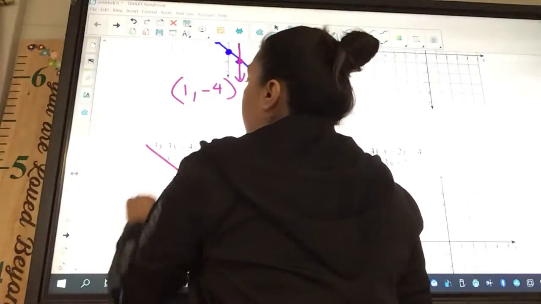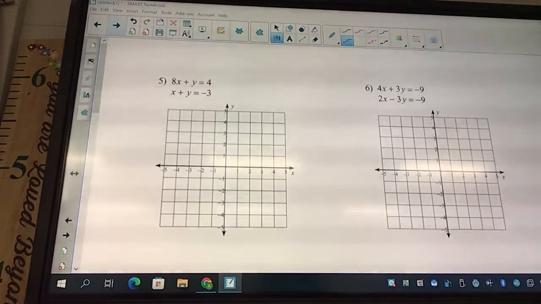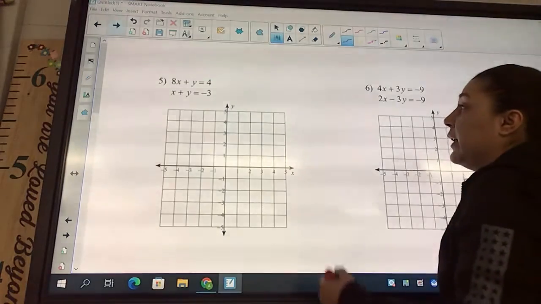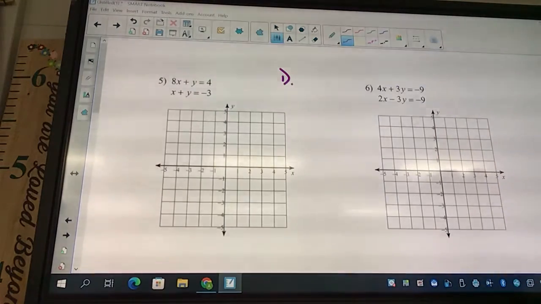So 3 we're not going to do, so we're going to go to the next page. Now, the next page we look at, is the y by itself? No, it's not. And so I'm going to write you down some steps, and you can write them on your first page or second page. So if the y is not by itself, this is the order that you need to do things.